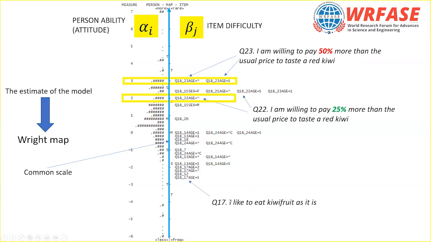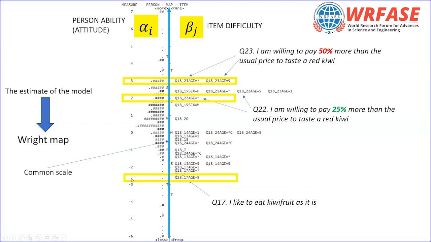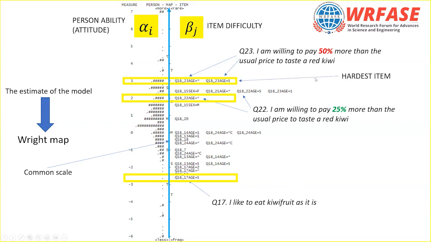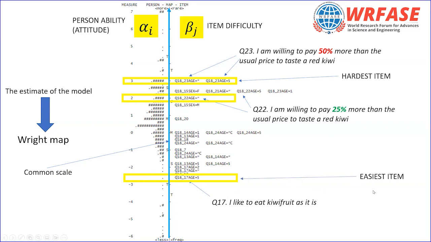Here, for example, you find the question "I like to eat kiwi fruit as it is", that has a difficulty of almost -3. Remember that this scale is an interval scale, so the 0 is like the 0 in temperature, it is subjective. Okay, so this at the top is the hardest item. This at the bottom is the easiest item.